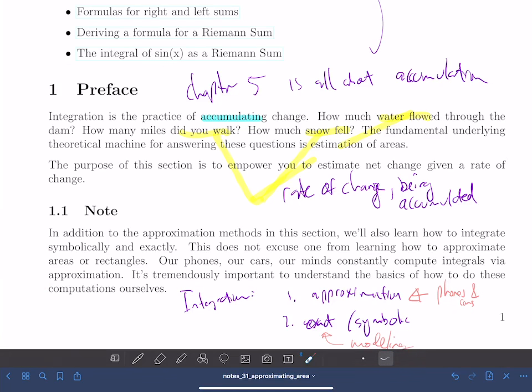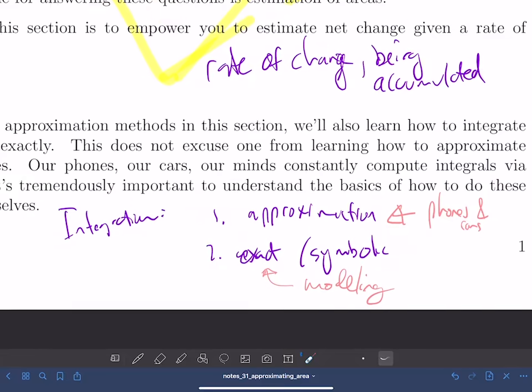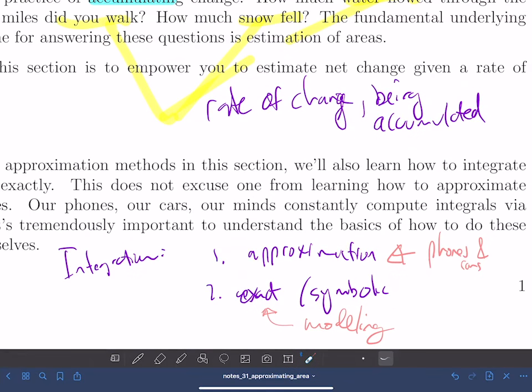I think it's really important that we pay attention to the world of approximation, because in the world of integration, broadly speaking, the world of accumulation of change, there are two ways that we can compute that accumulated change. One, we can approximate it, and two, we can compute it exactly and symbolically.